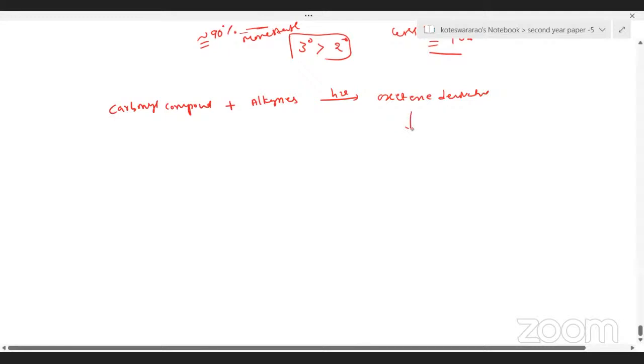This oxete derivative is further rearranged to alpha beta unsaturated carbonyl compounds. What's happening? How is it happening? You see this.